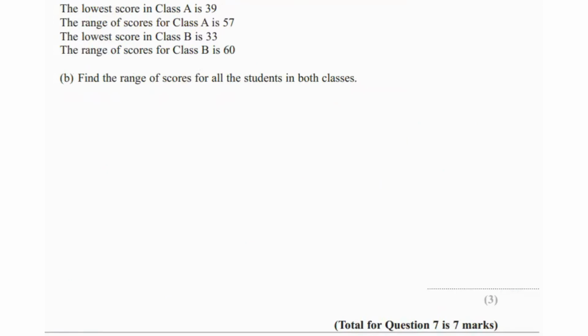Then it says the lowest score in class A is 39 and the range of scores for class A is 57. The lowest score in class B is 33 and the range of scores for class B is 60. Find the range of scores for all the students in both classes.